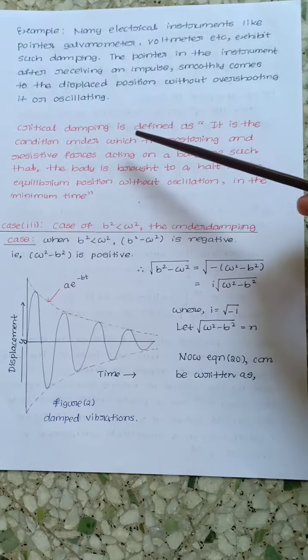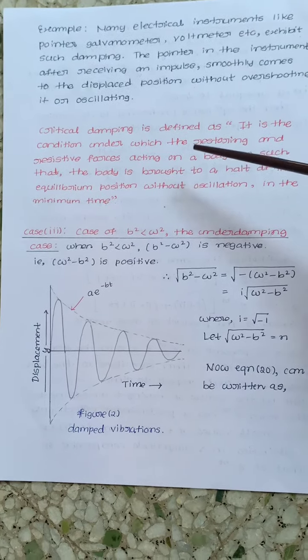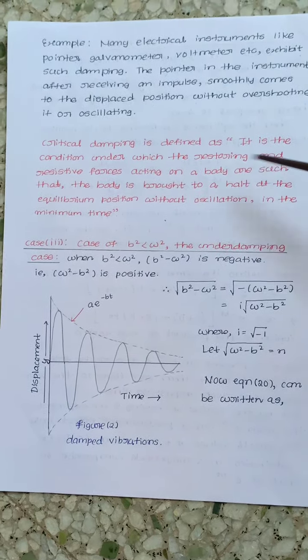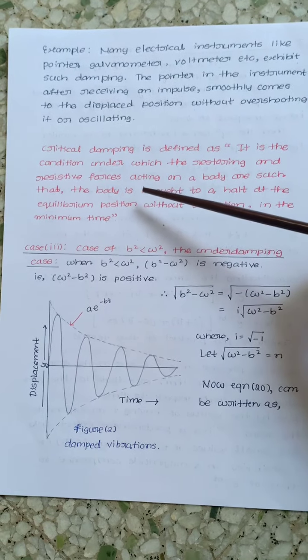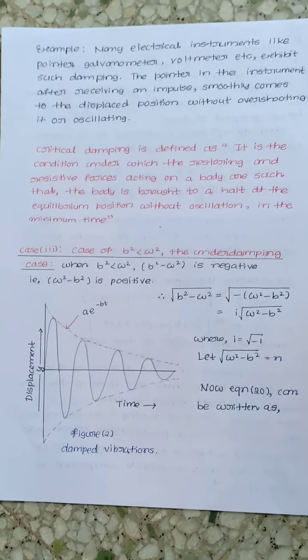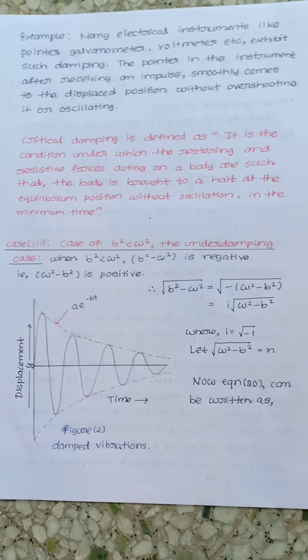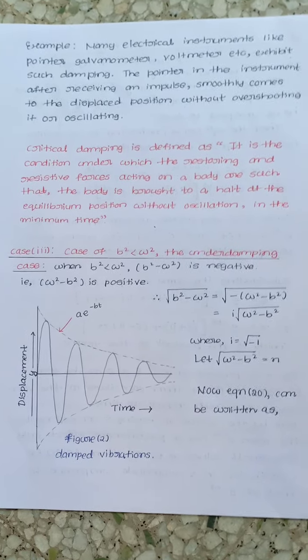Critical damping is defined as the condition under which the restoring and resistive forces acting on a body are such that the body is brought to a halt at equilibrium position without any oscillation in minimum time.